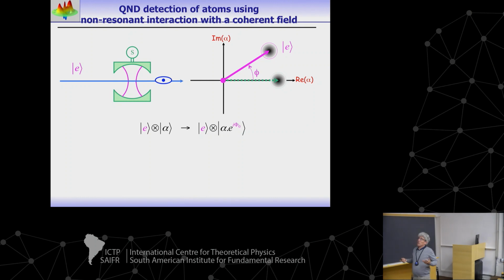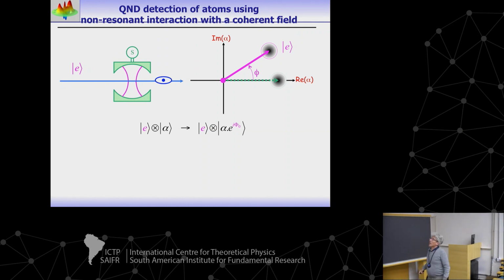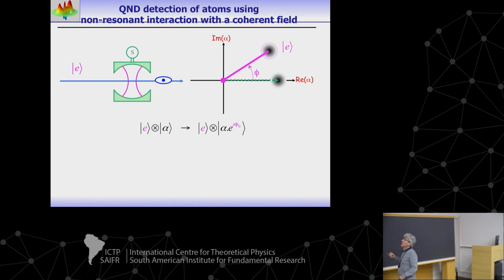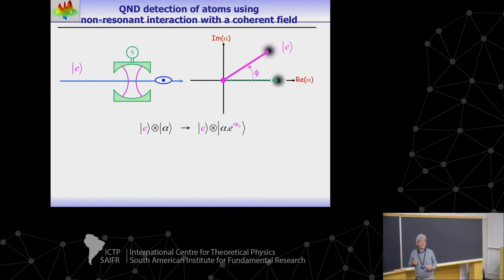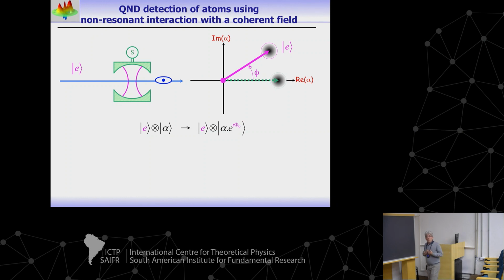So if the interaction is non-resonant, energy conservation means that the atom cannot absorb or emit a photon, just as before, and so the atomic state remains in E. What about the field? The field has its phase just shifted without changing amplitude. The amplitude does not change because there is no energy exchange, but the phase can be affected.